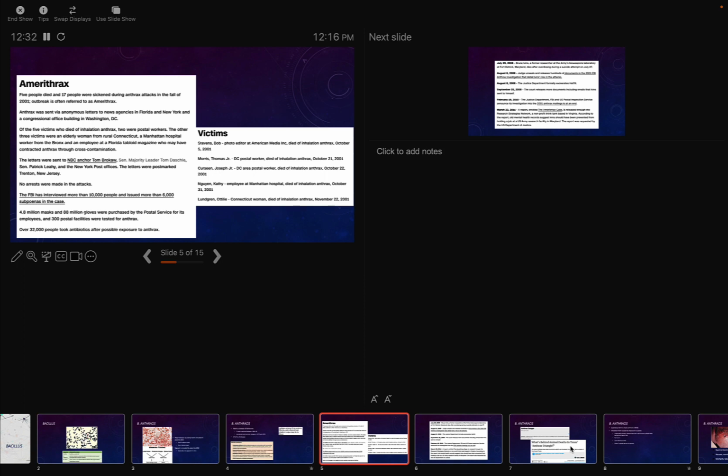And it may have just been through cross-contamination, because you can look up the pictures of what these letters looked like on the internet, but one was sent to the Senate Majority Leader at the time, a guy called Tom Daschle, and the return address is all in block letters, and it looks like maybe somebody with poor handwriting or a child might have written it.